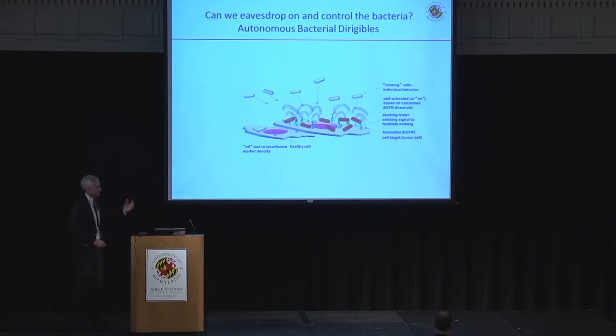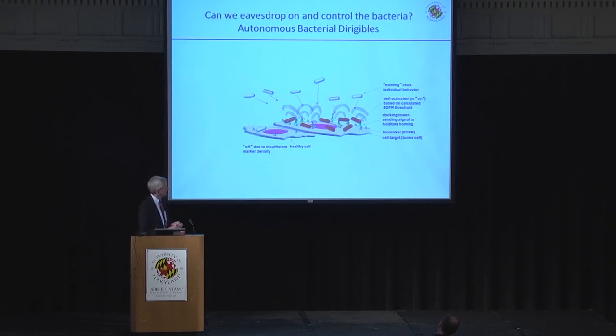So the idea here is, can we get bacterial cells to recognize cancer cells from non-cancer cells? And the distinguishing features of cancer cells are typically that they have some marker on the outside. And in this case, EGFR is a marker for certain tumors, and that would be something that we'd want to capture and recognize.